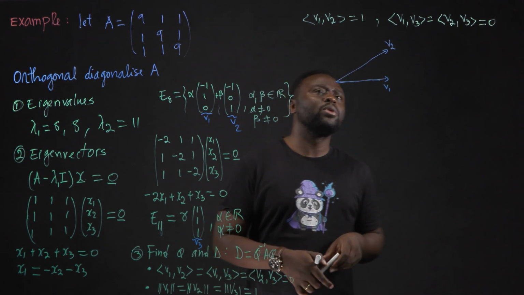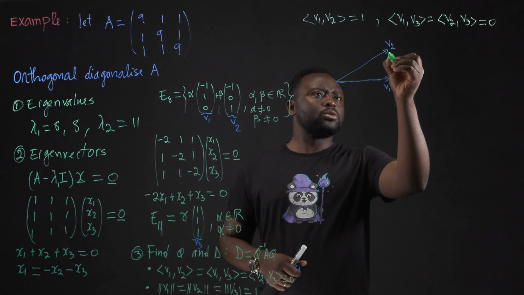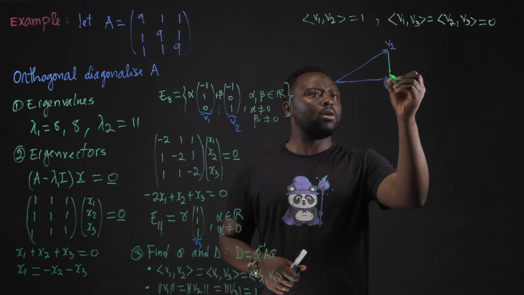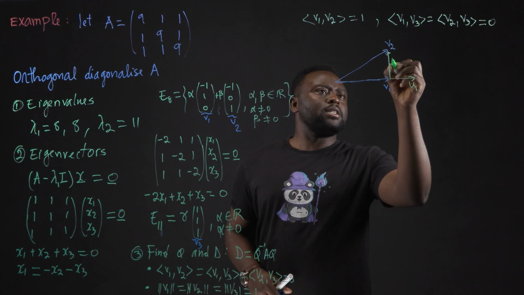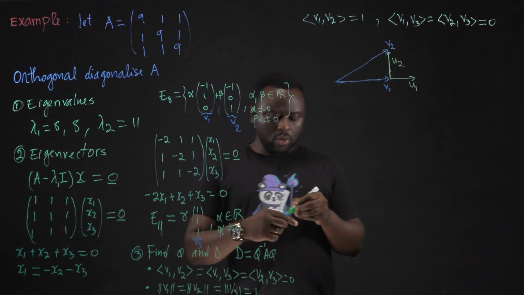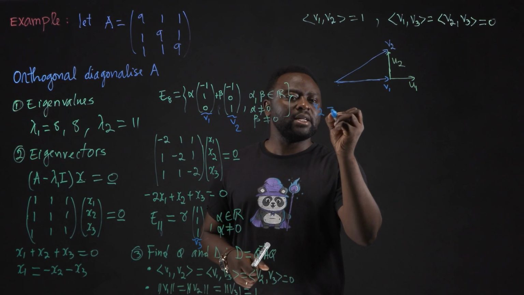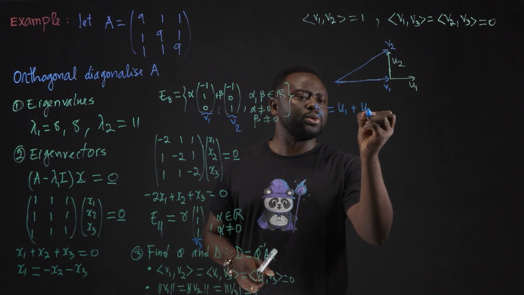So I want to decompose V2 in two vectors called U1. Let's call this U1, and this is U2, okay? So V2 is equal U1 plus U2.